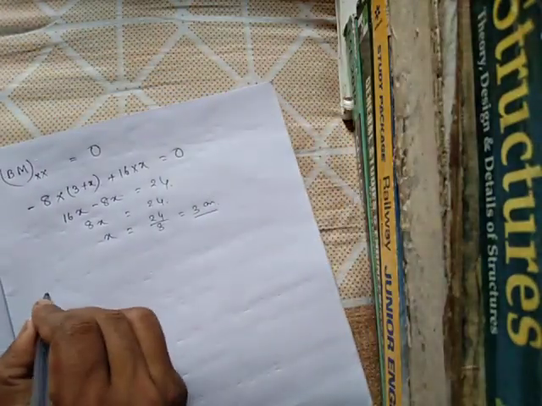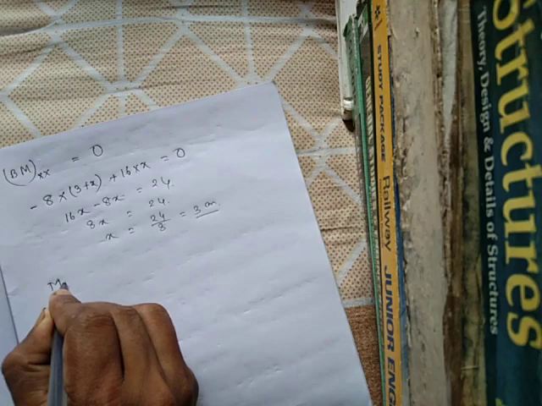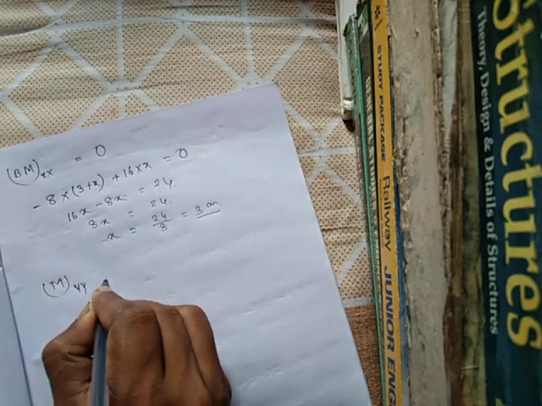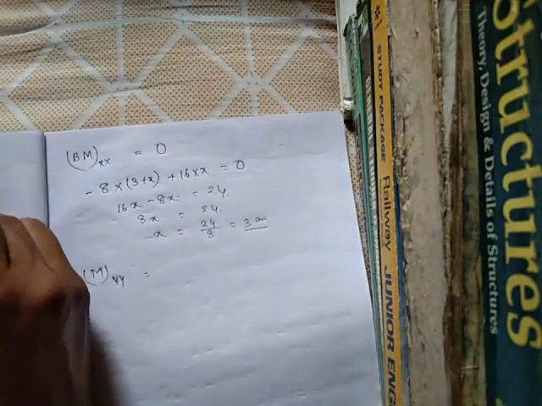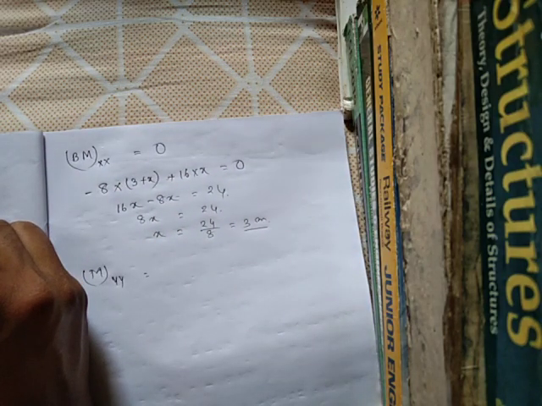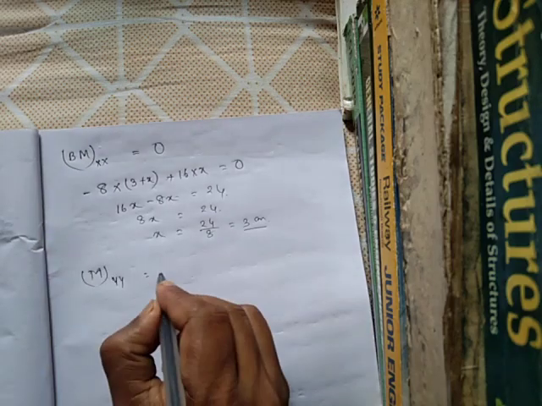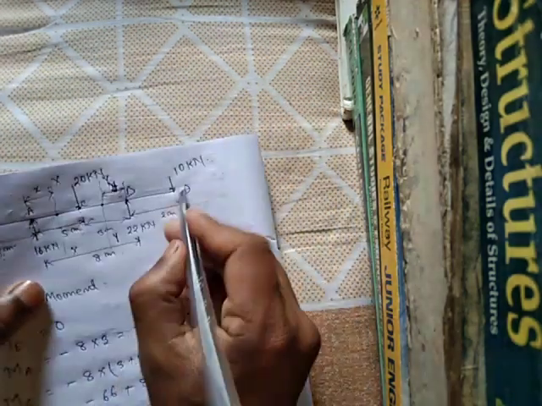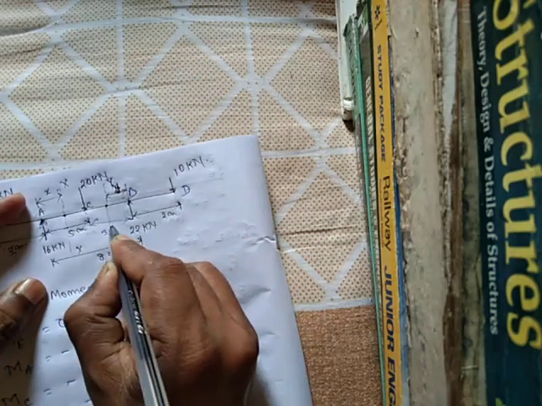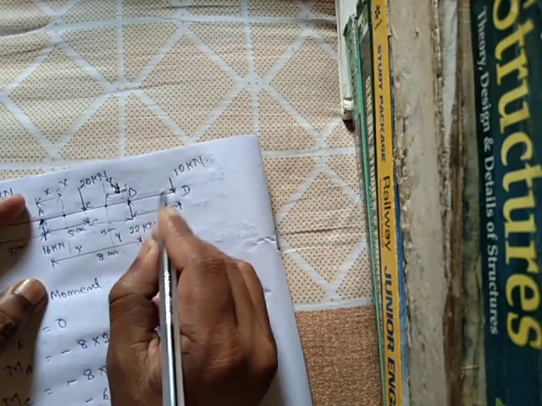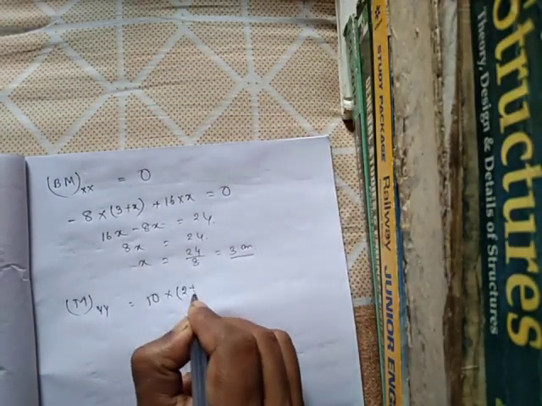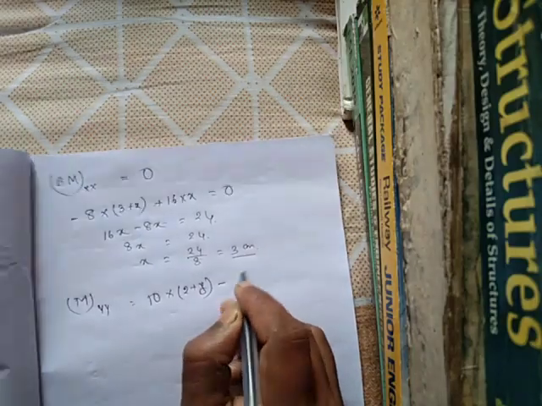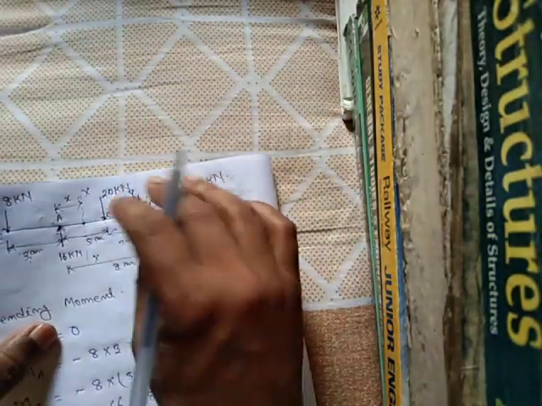By the 10 kilonewton force, it is 10 into (2 plus y), which is positive because it is clockwise.